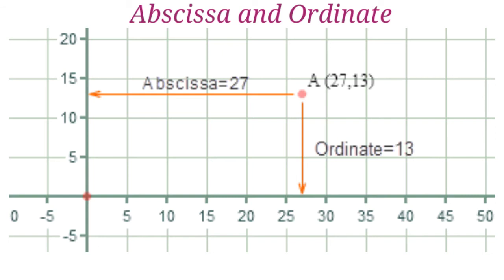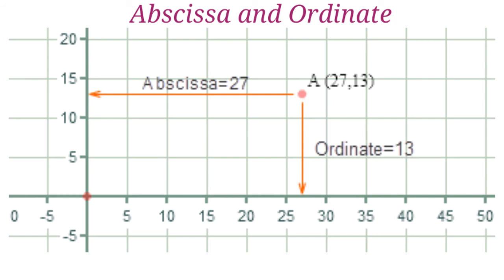What is abscissa? The x coordinate of a point is its perpendicular distance from the y-axis measured along the x-axis. For the point A, it is plus 27. So from here you can say that the x coordinate is the abscissa and the value of abscissa here is 27.